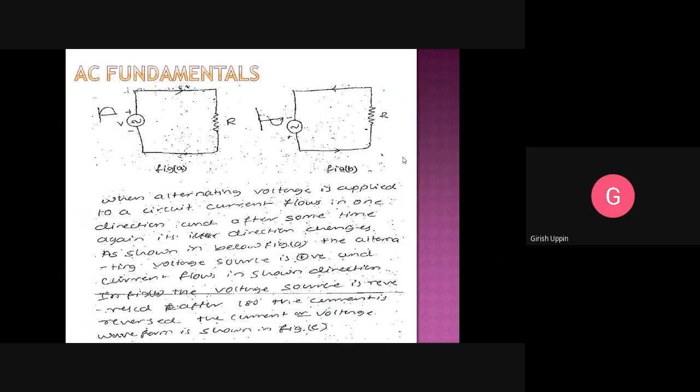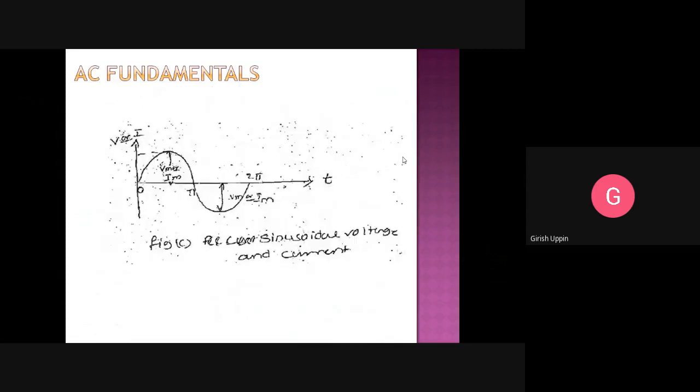So any quantity that continuously changes its magnitude or direction or both with respect to time is called an alternating current. And we have talked about the sinusoidal waveform. Out of all the waveforms, for alternating current and voltage, the sinusoidal waveform is chosen.